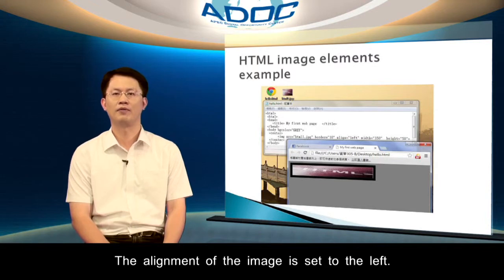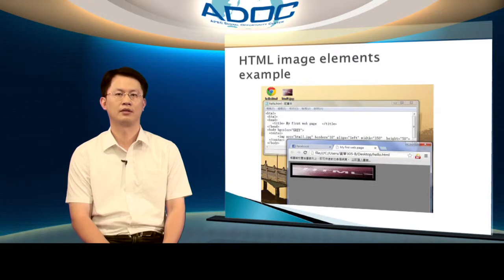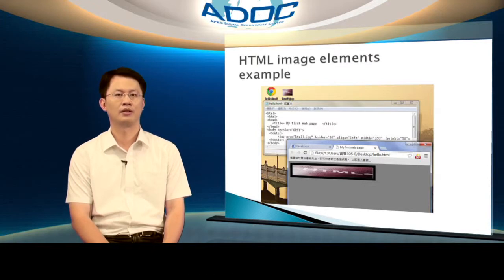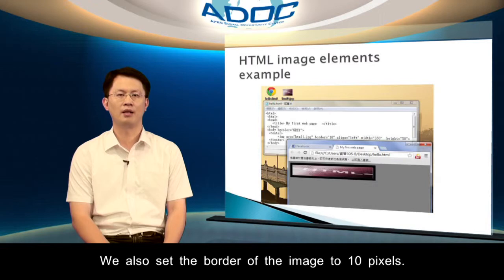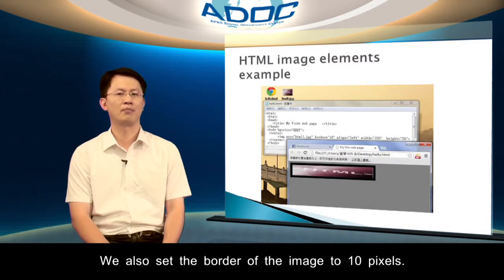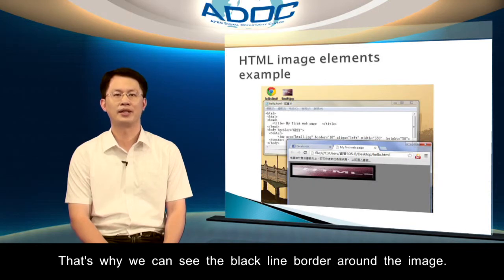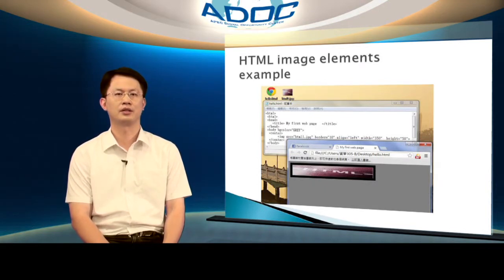The alignment of the image is set to the left, so we can see the image displayed on the left side of the web page. We also set the border of the image to 10 pixels. That's why we can see the black line border along the image.